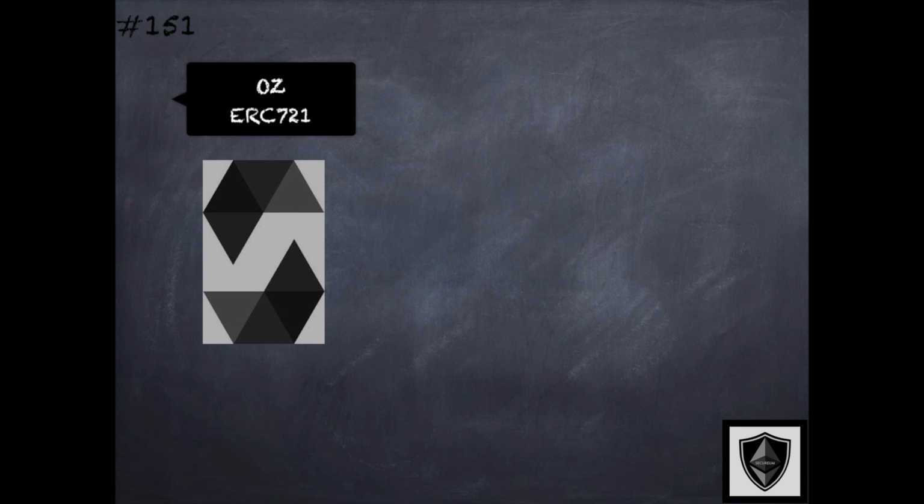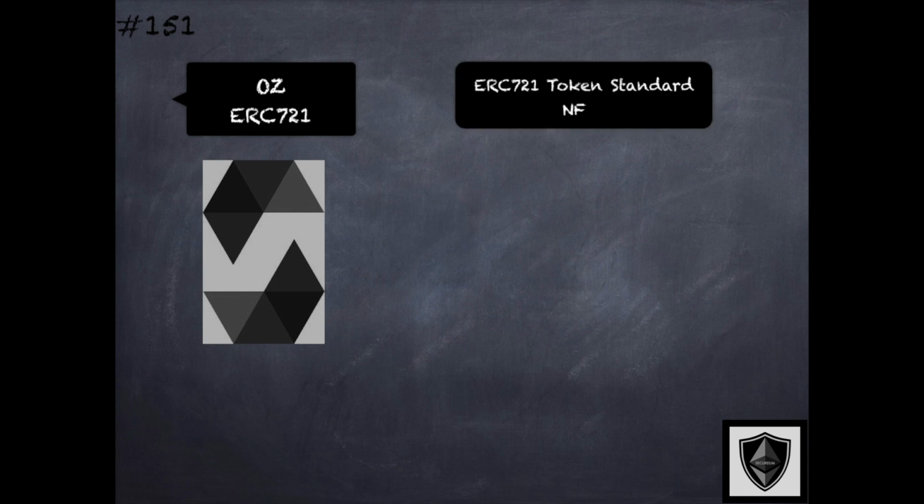The next one is the OpenZeppelin library that implements the ERC721 token standard. This is the token standard that is commonly referred to as NFTs or non-fungible tokens. Perhaps the other widely used popular token standard besides ERC20 that we just talked about.